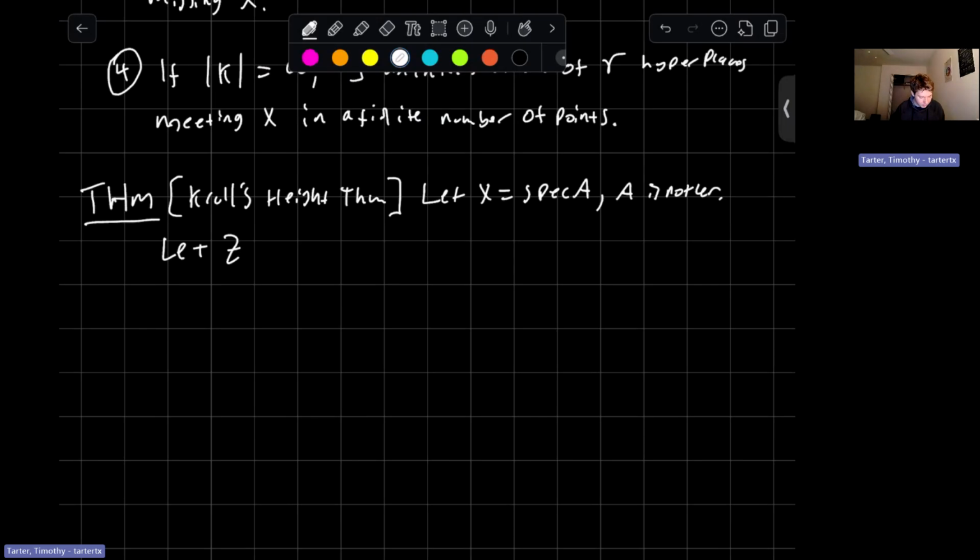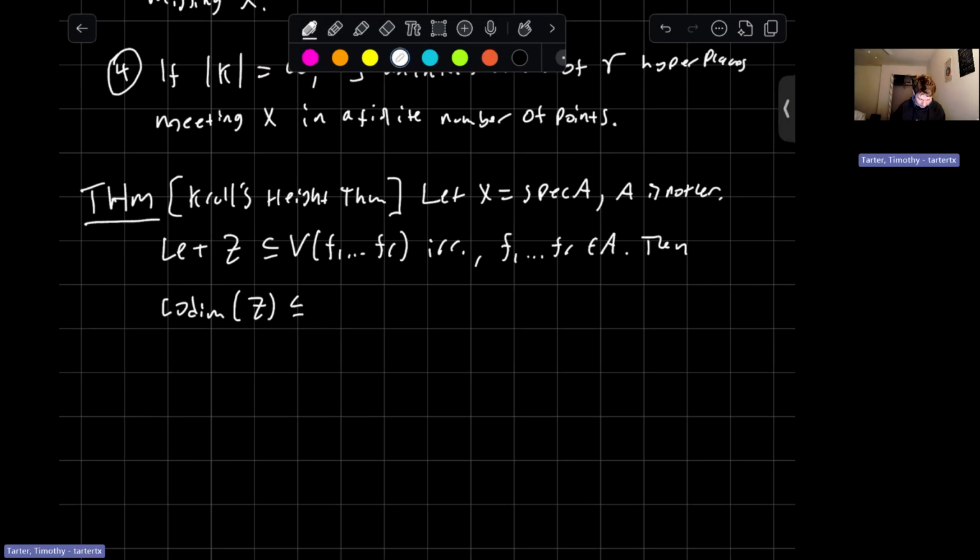Let Z be contained in the vanishing of F1 through FR, be an irreducible closed subset, where F1 through FR are in A. Then the codimension of Z is less than or equal to R. I can't write an R. Oh my gosh. Okay, I'm just writing it like that.